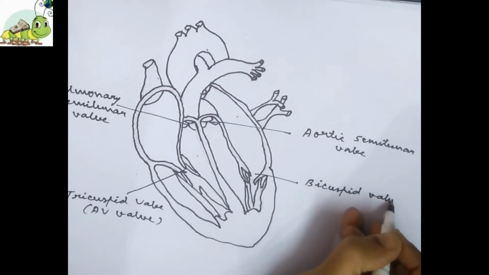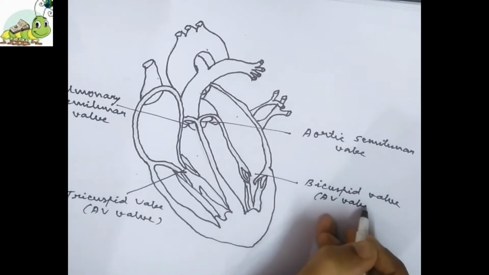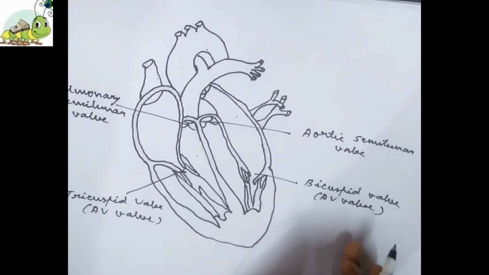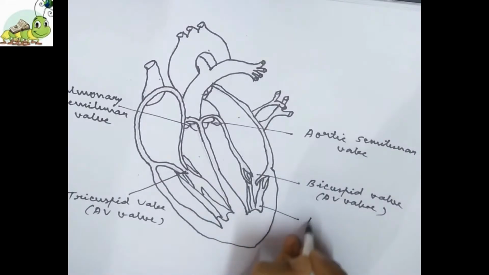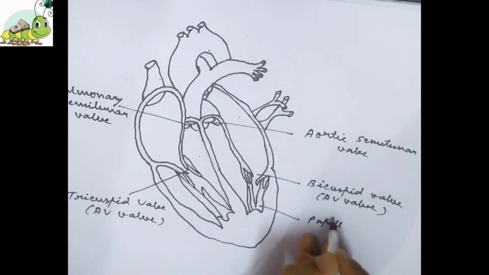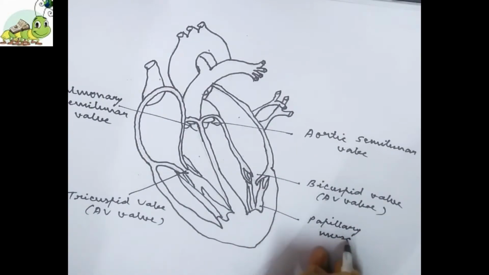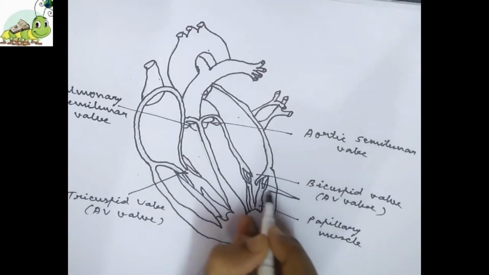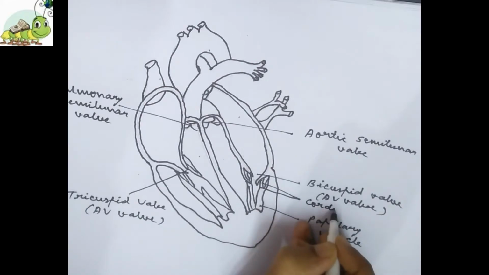The mitral and tricuspid valves are supported by the attachment of fibrous cords, chordae tendineae, to the free edges of the valve cusps. The chordae tendineae are in turn attached to papillary muscles located on the interior surface of the ventricles. These muscles contract during ventricular systole to prevent prolapse of the valve leaflets into the atria.